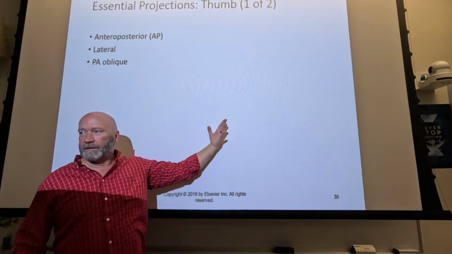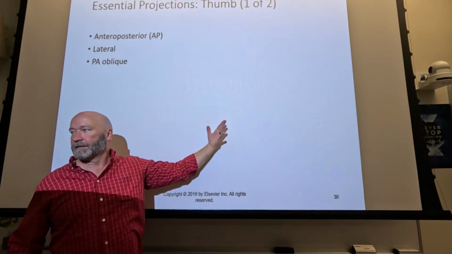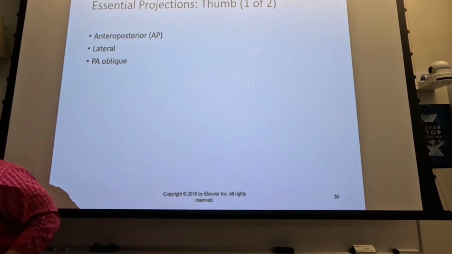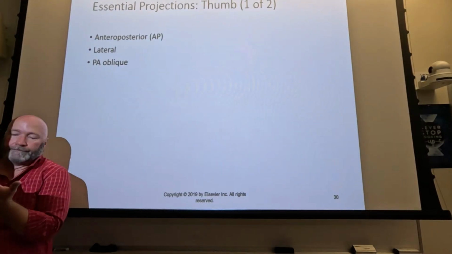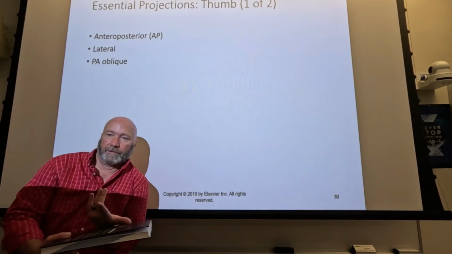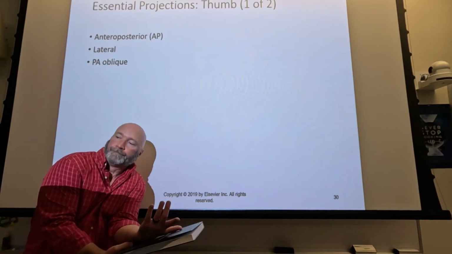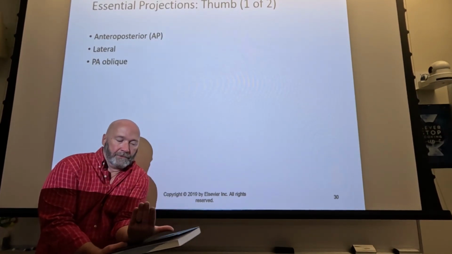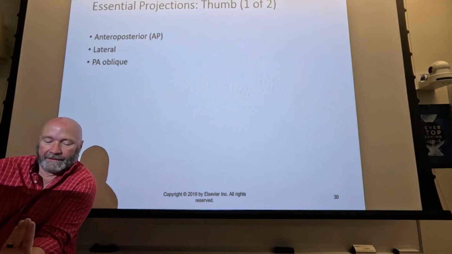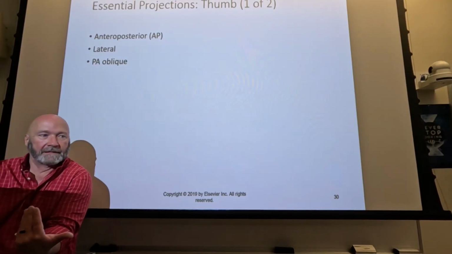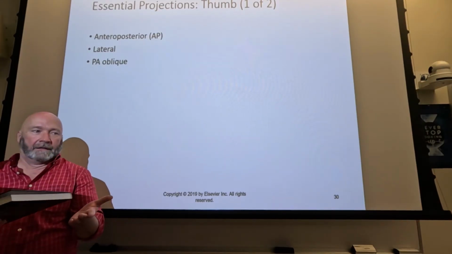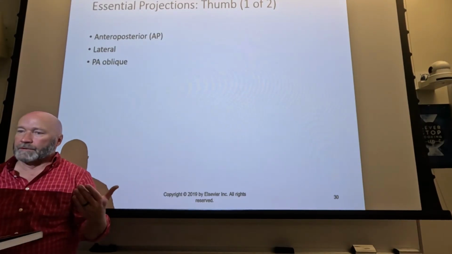How you get the patient into this position doesn't really matter. You just have to get them in that position. If you had the image receptor and the patient could do it, just have them turn their arm like that. One thing you want to guard against is having the hand too vertical, because then you not only get soft tissue overlap over the proximal metacarpal, but you also get some bony overlap.